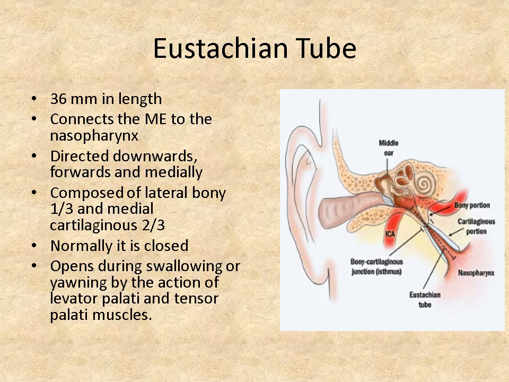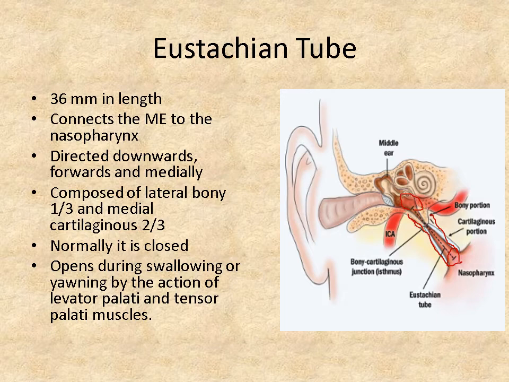The Eustachian tube is 36 millimeters in length. If you take a look at the diagram, here is the Eustachian tube. It connects the middle ear with the nasopharynx. It is directed downwards, forwards, and medially, and is composed of 2 parts.